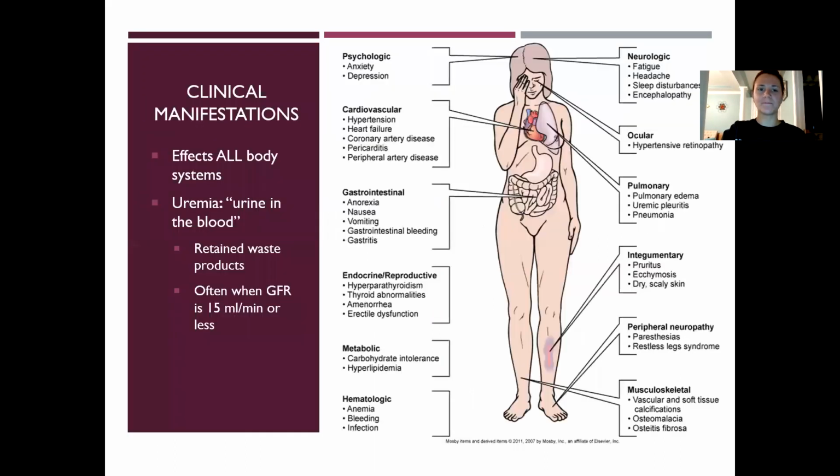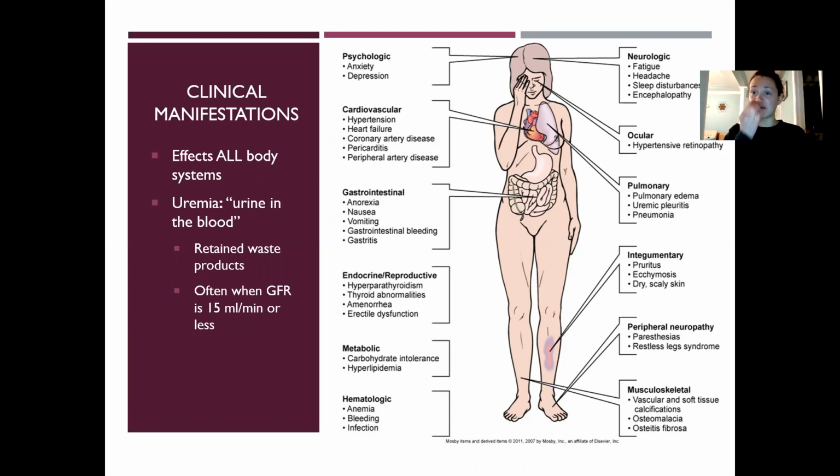for CKD. So like I said, we're going to break this down by body system. Chronic kidney disease will affect every single body system. One thing that can happen across the board is uremia, which is urine in the blood, just as it sounds with its prefix and suffix, from retained waste products. Often this occurs once the GFR hits a level of 15 or lower.